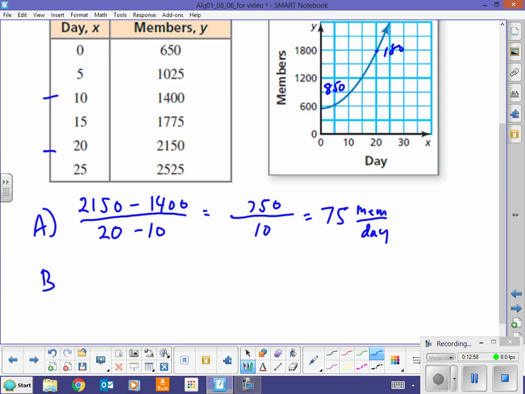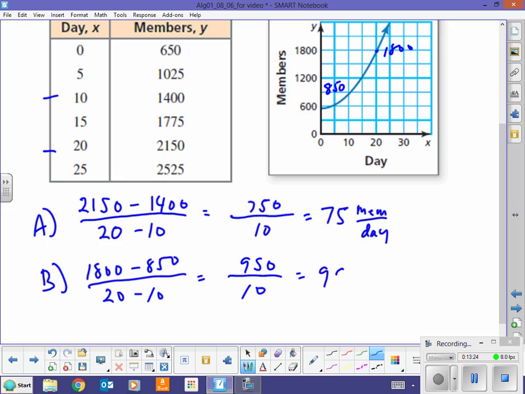Okay. So here, 1800 minus 850, and again, that's over 20 minus 10, or 10 days. That's 950, so 95 members per day. That's the average rate of change of each of these two sites here.